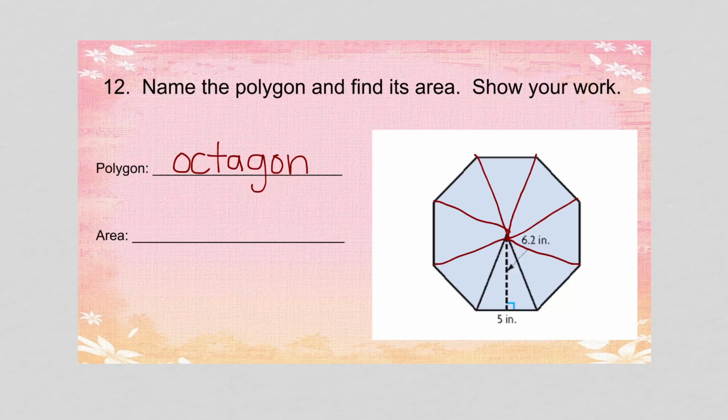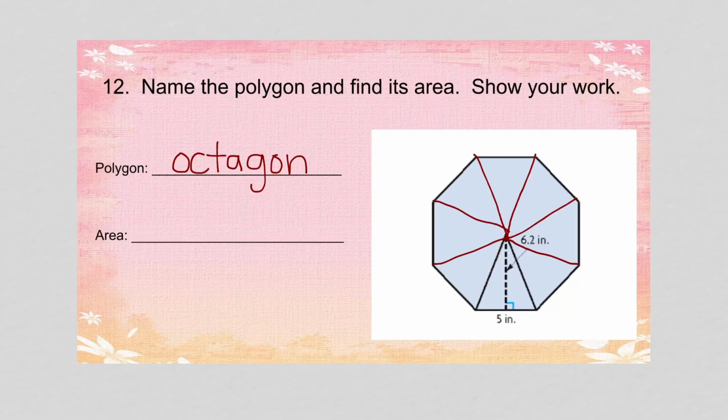Okay, now I need to find area. So all I have to do is find the area of one triangle. Okay, so I'm finding the area of a triangle. So what is my formula? A equals 1/2 base times height. Okay, now let's plug it in. 1/2. What's my base? 5.